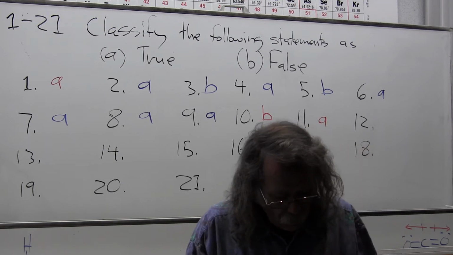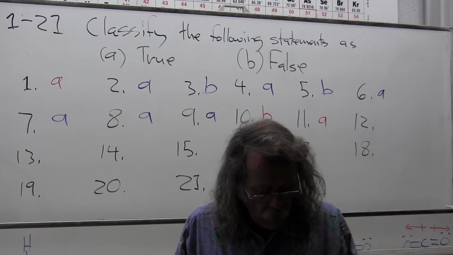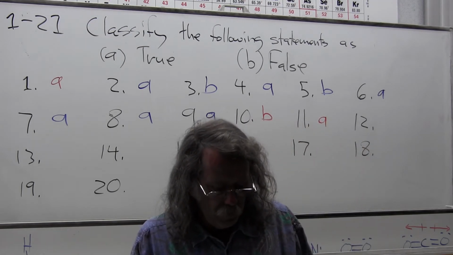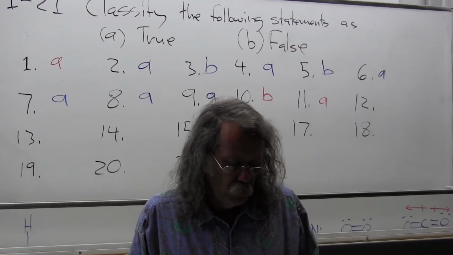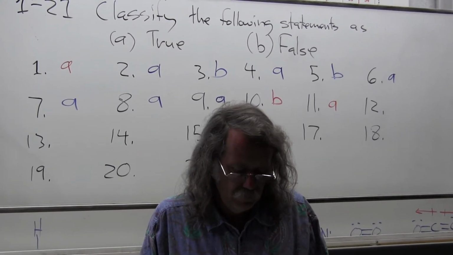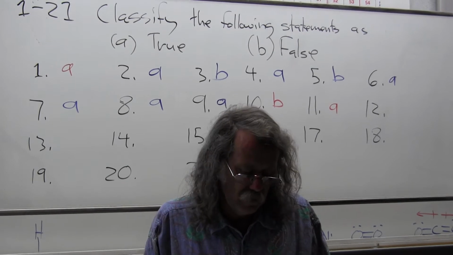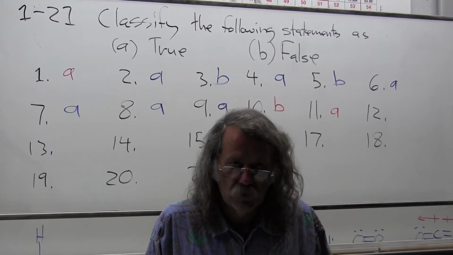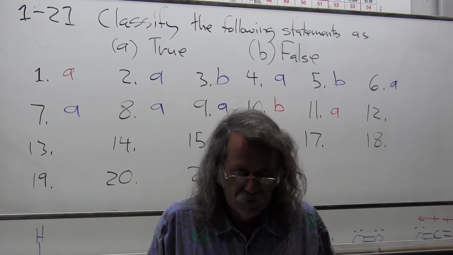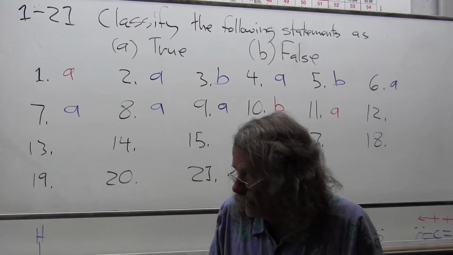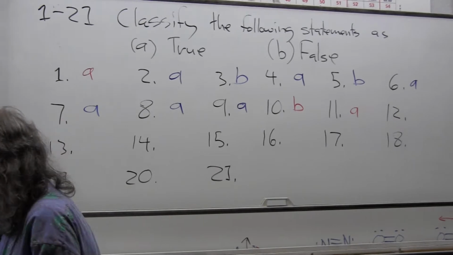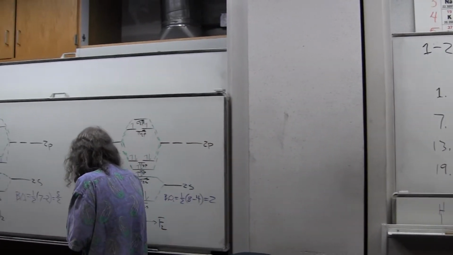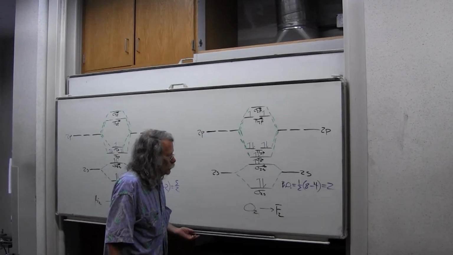Now, number 12. The bond order in the O2 plus cation, the dioxygen cation, is higher than the bond order of the O2 molecule. This is indeed true. And we're going to have to look at our molecular orbital approach here.